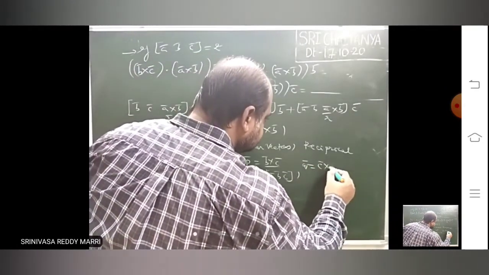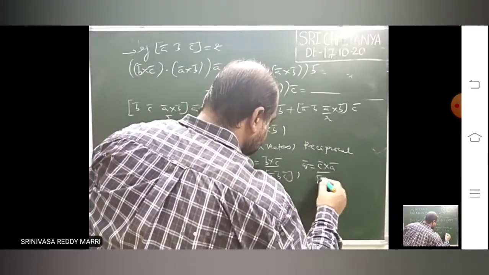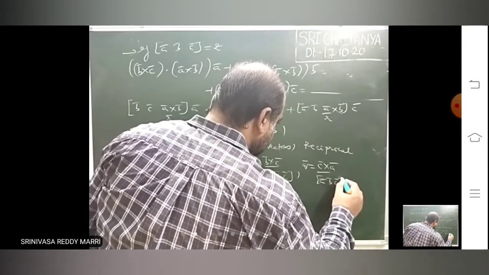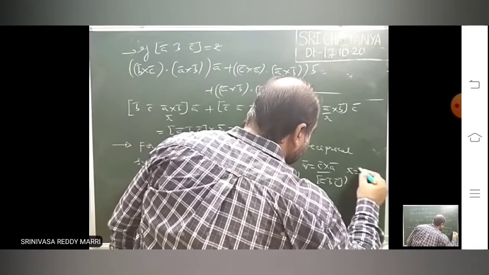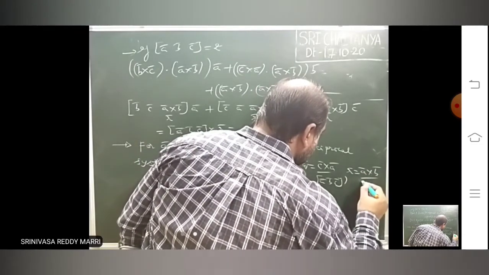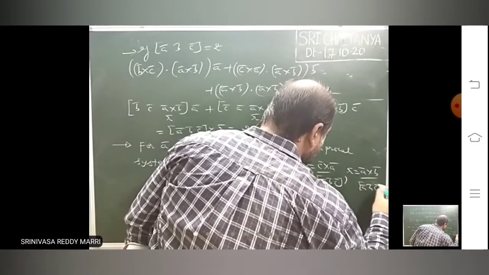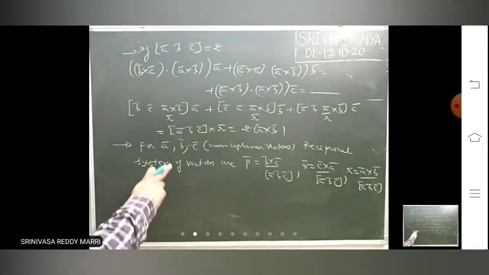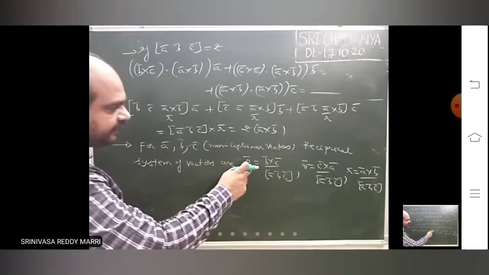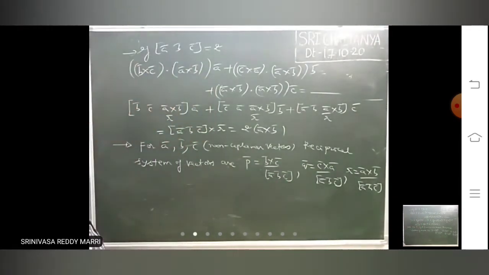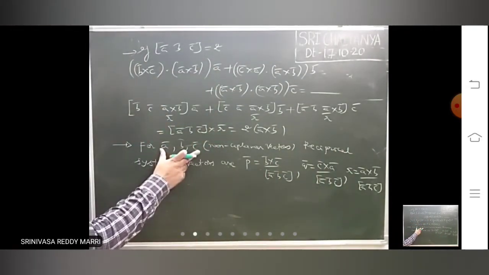Q bar is this, another vector. R bar is nothing but this. These three vectors, P bar, Q bar, R bar, are called reciprocal system of vectors of A bar, B bar, C bar.